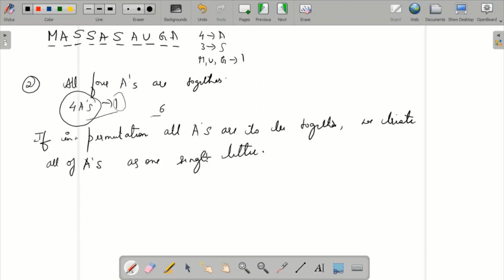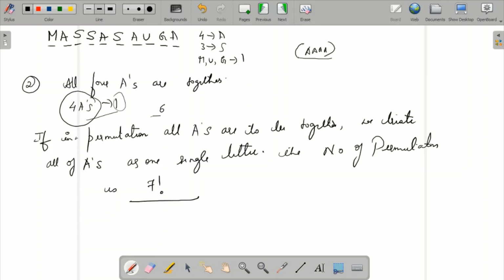So the number of permutations is 6 plus 1, 7 factorial, divided by the A's taken as a single block. If all 4 A's are together, they are taken as a single block, that means they appear as 1, 2, 3, 4.